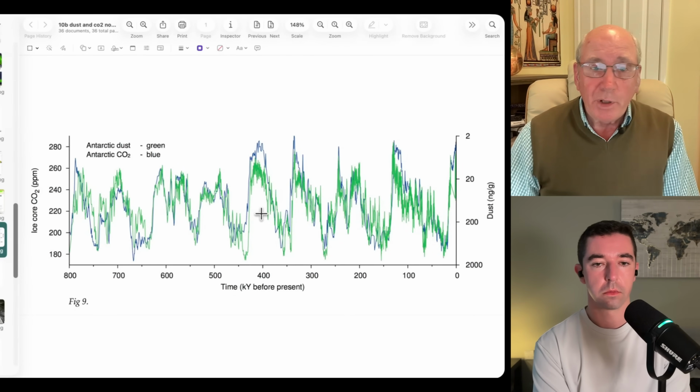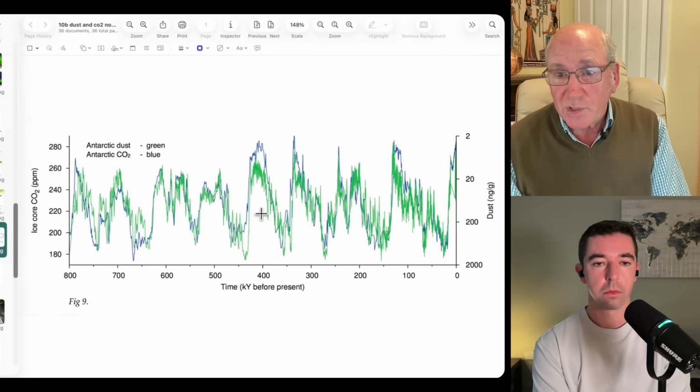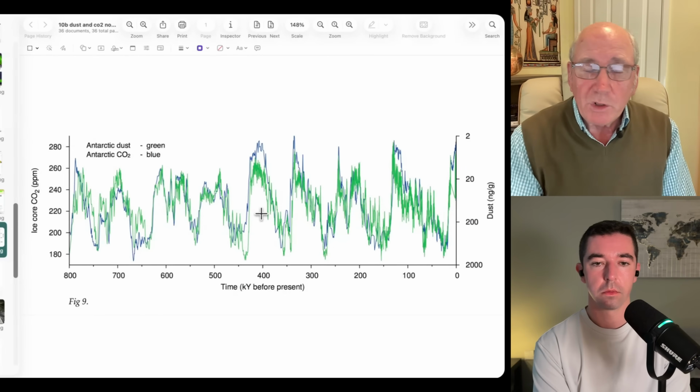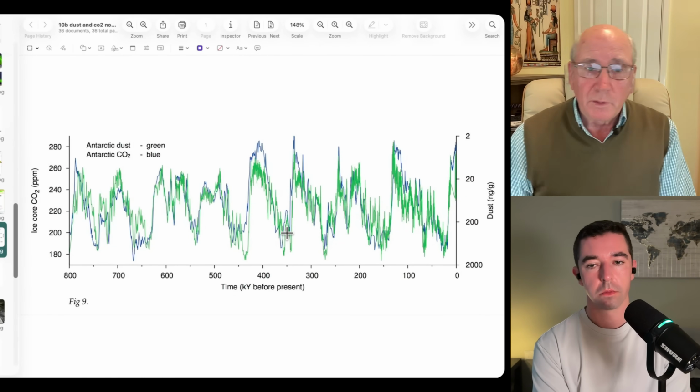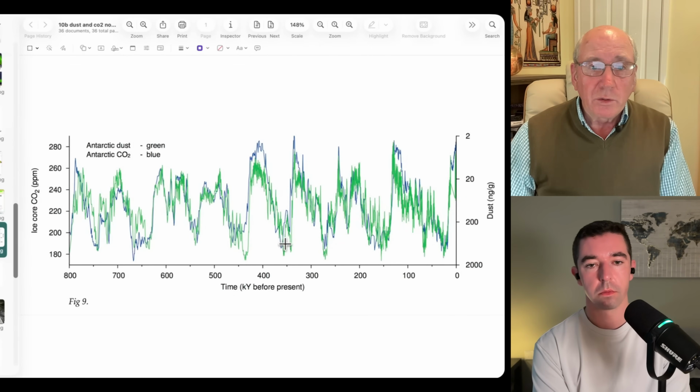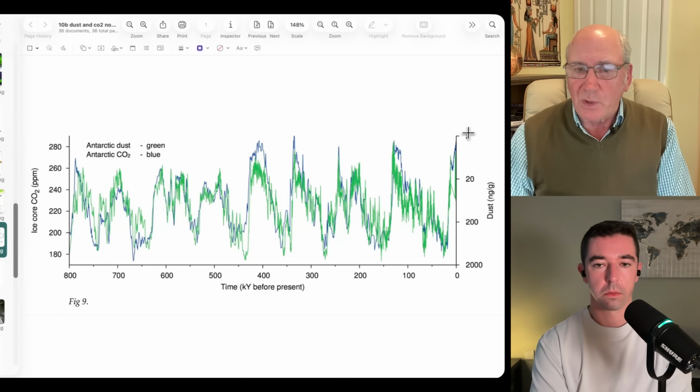And there is a perfect correlation between the two. Just as we saw with temperature and CO2 in that first graph, there is also a perfect correlation between dust and CO2. And this time, I think it's causal. So the lower the CO2, let's do this the other way around. The higher the CO2 is, the blue, the less dust, because dust is less going upwards on this graph.